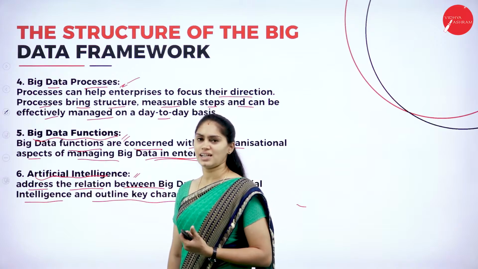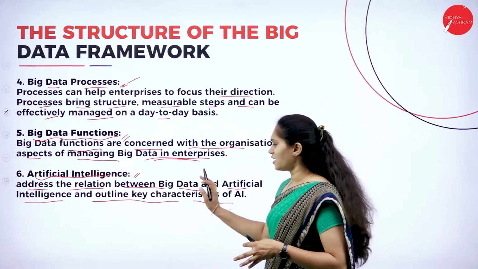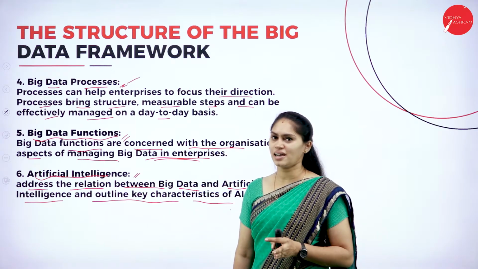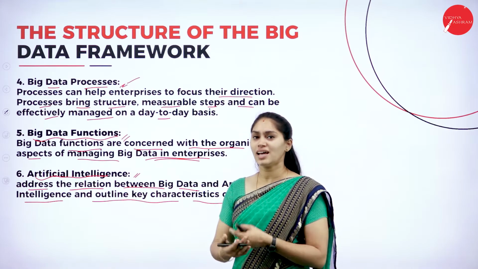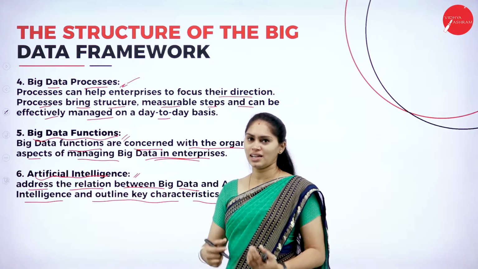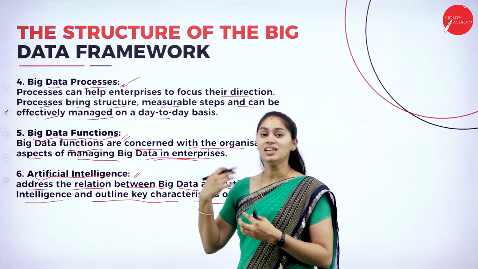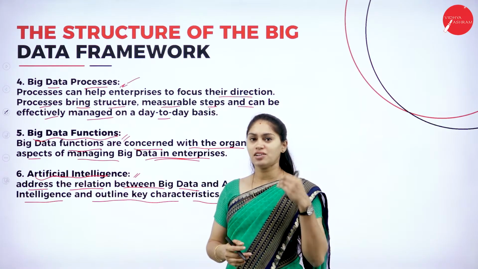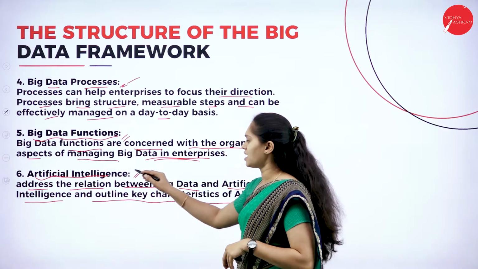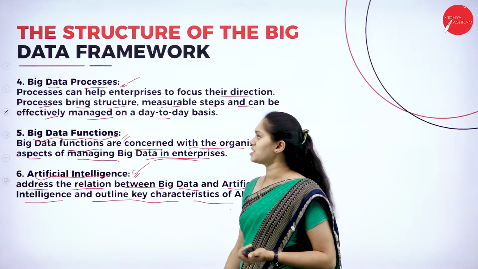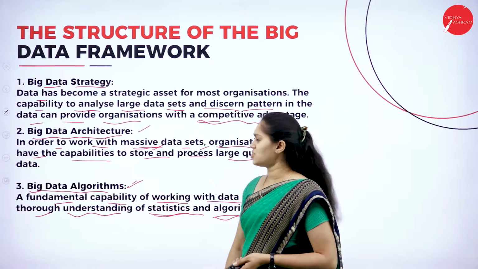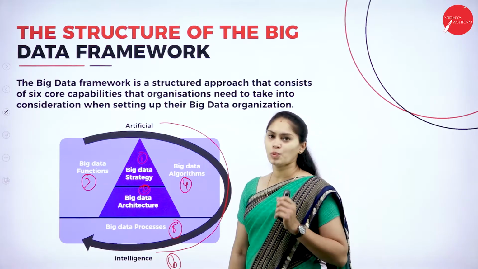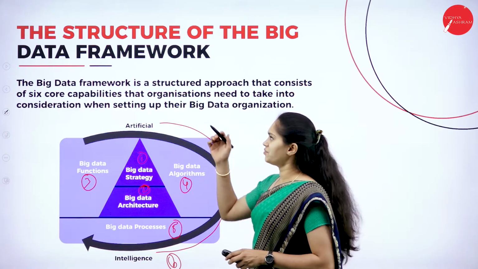If I use artificial intelligence in my big data, it will analyze the data well, so I can get to know what will happen in the next 10 days of the market. We get a future vision with the help of artificial intelligence. So these are the 6 dimensions concerned with the structure of the big data framework.